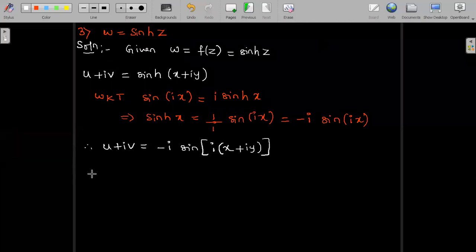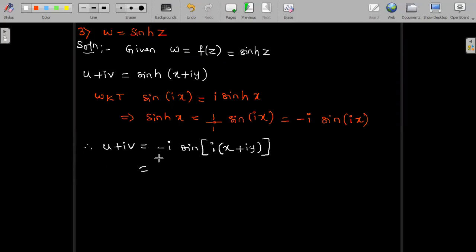Right. Now we have u plus iv is equal to this minus i, which I will retain as it is. We have sine of, we multiply i inside, we get ix minus y. It is minus because we have i into i, which is i square, which is nothing but minus 1. That is why there's a minus sign here. So now it is of the form sine of a minus b.